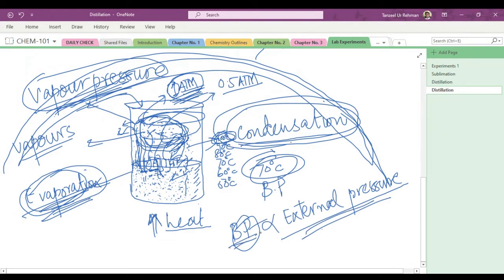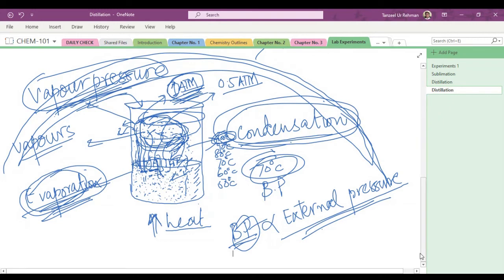That's why when we go higher in altitude, on mountains, the boiling point of water decreases. Why? Because there on mountains, at upper level, the external pressure becomes low, so the boiling point of water also decreases. So boiling point depends on external pressure.